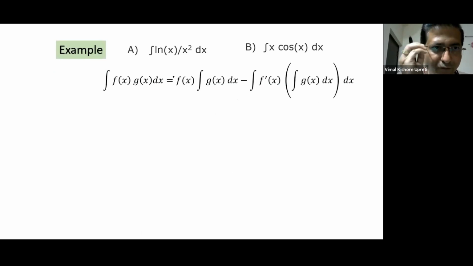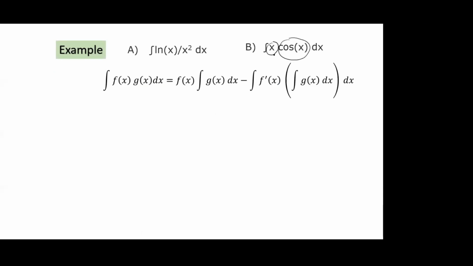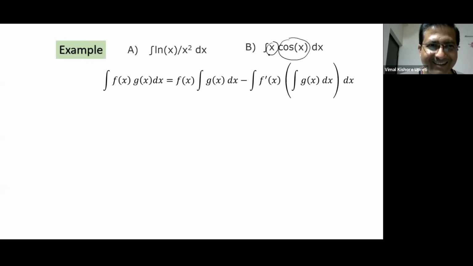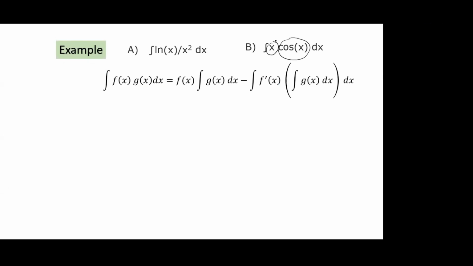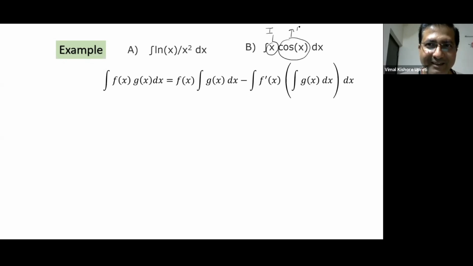You have to use a little logic to make it simple. If I take cos x as first function and x as second function, it will become difficult. If I take x first and cos x second, then it will become easier. I'll prove that. Let's see.